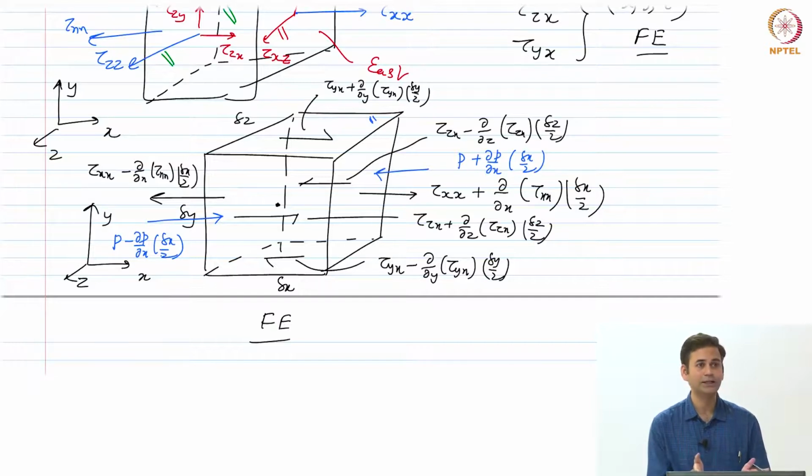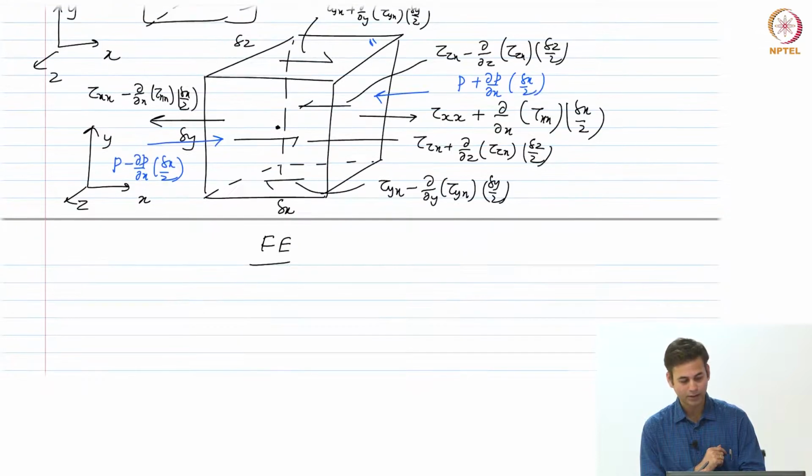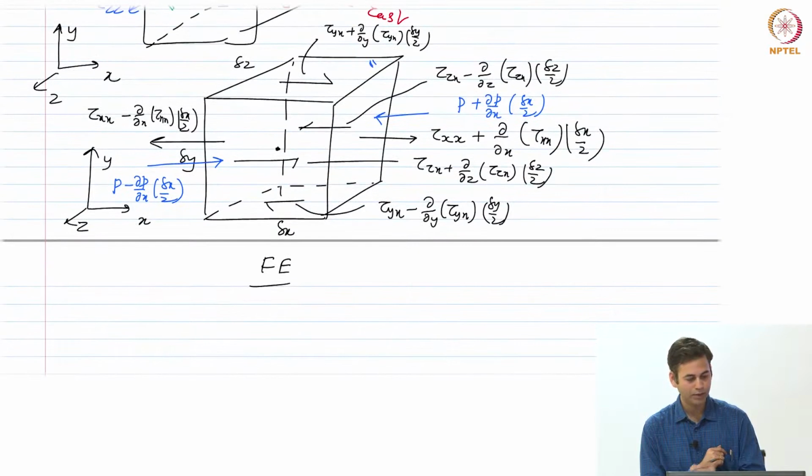Now only these stresses can give rise to a force in the x direction. So now let us calculate the force that would arise because of this. What will that be?